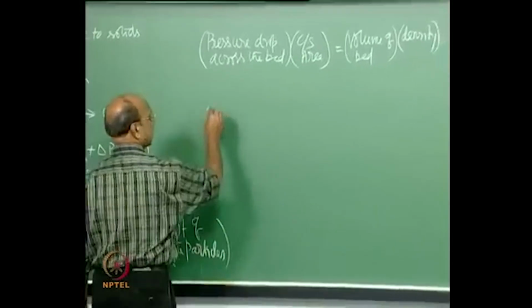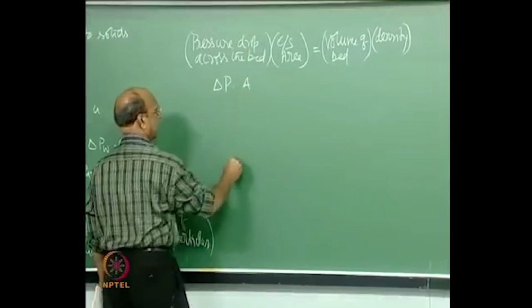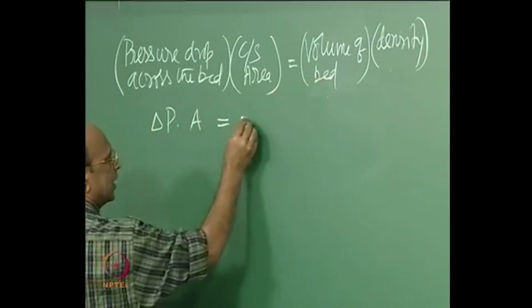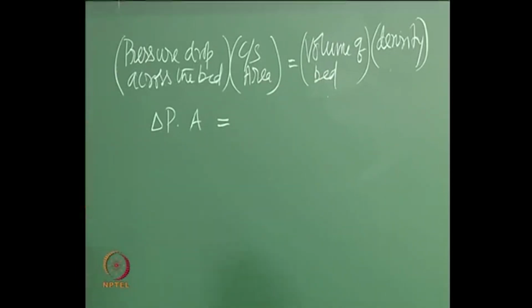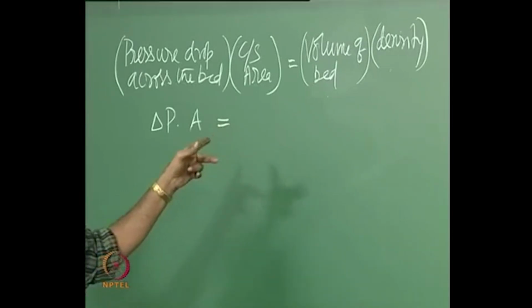If I write the equation, this will be delta P and cross sectional area is A, and volume of the bed. Volume of the bed means, here what you are balancing is only solids, right?